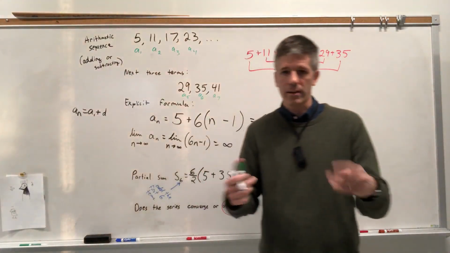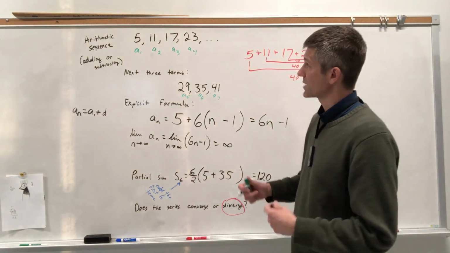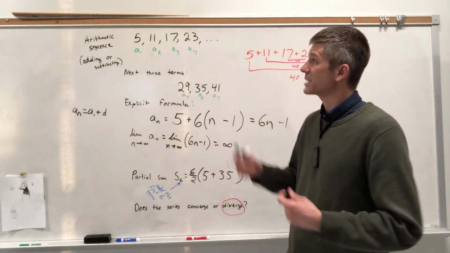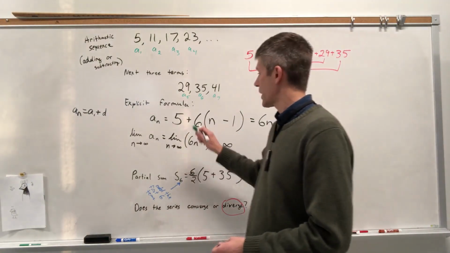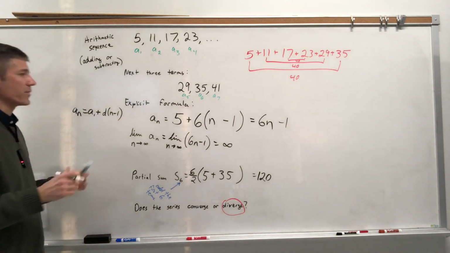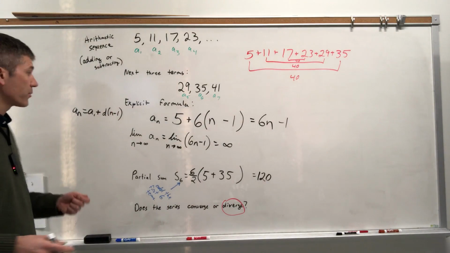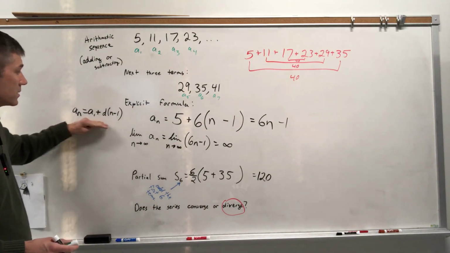Okay, not D in the calculus sense like dx, dy, any of that, but the common difference. So what was I adding or subtracting every time? I was adding 6. So that was positive 6. And then n minus 1. Okay, so if they ever ask, and they probably won't, but if they ever ask for the explicit formula for an arithmetic sequence, that's what we would use.